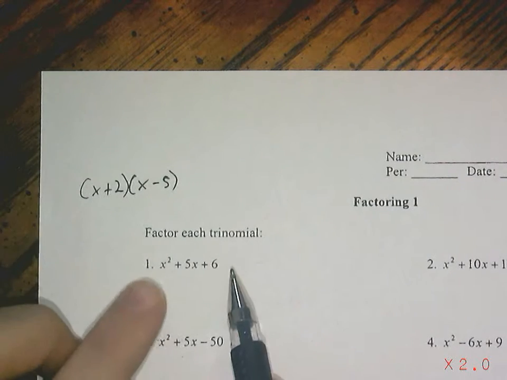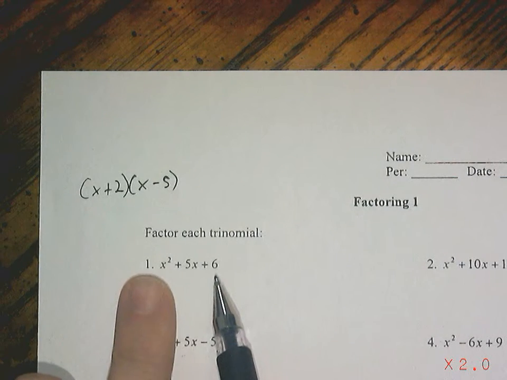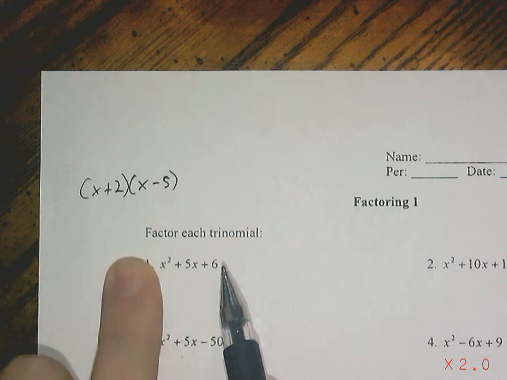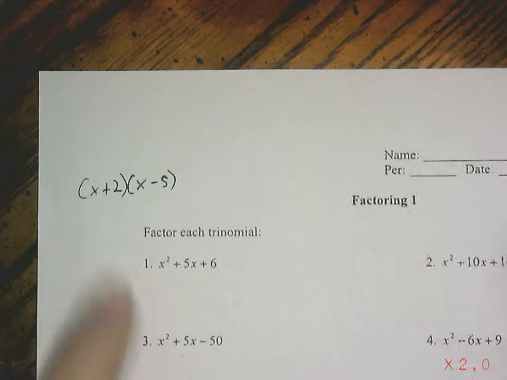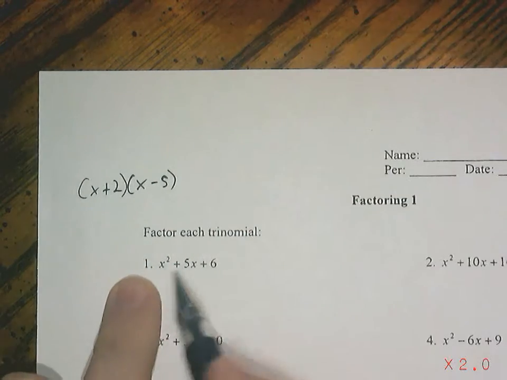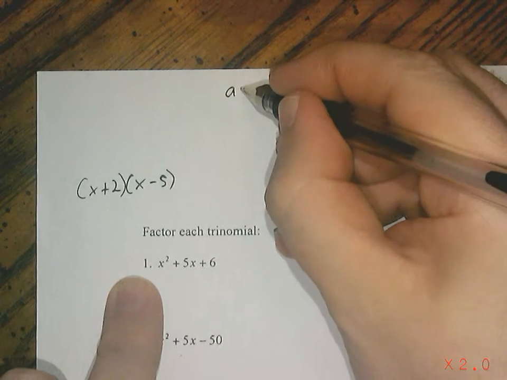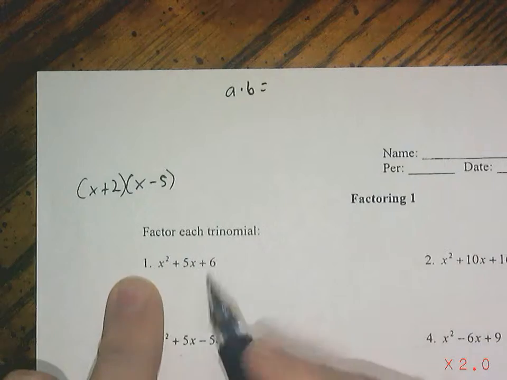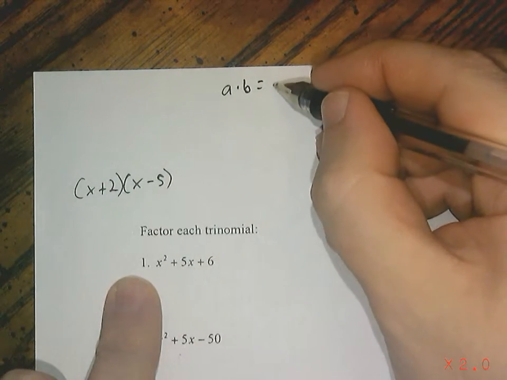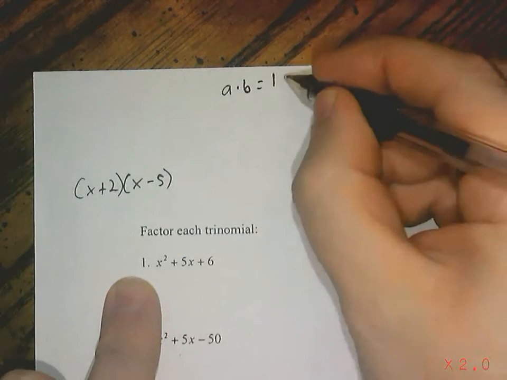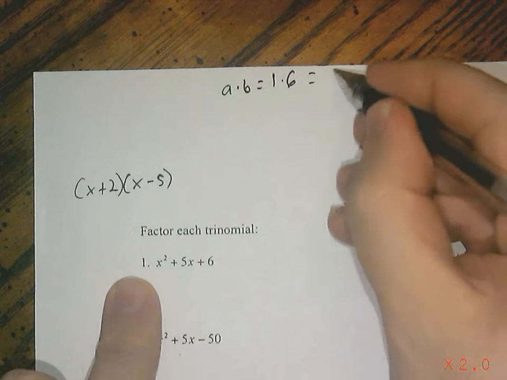Now, a and b are two numbers that, when you take the coefficients of the first and last term and multiply them, in this case a times b has to equal 1 times 6, which is just 6, right?